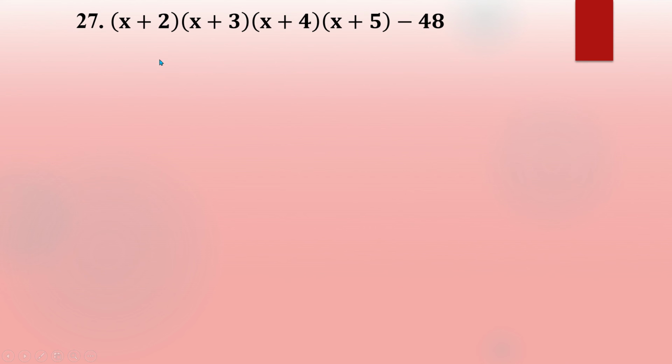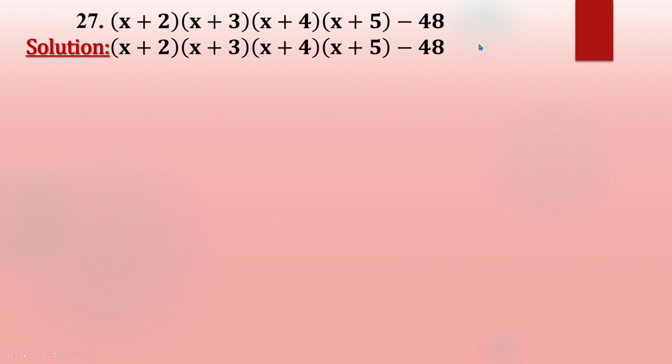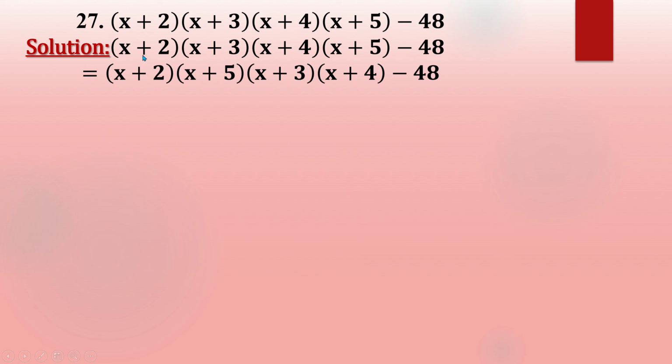Now number 27. This is the given condition: x plus 2 into x plus 3 into x plus 4 into x plus 5 minus 48. Now write in arrangement. At first write x plus 1 into x plus 5, and these two terms write here, minus 48.